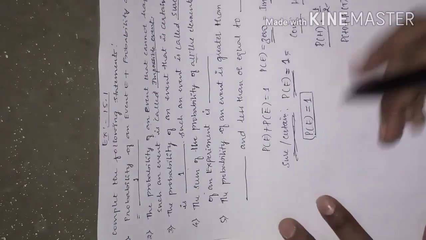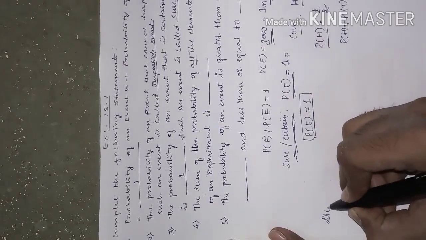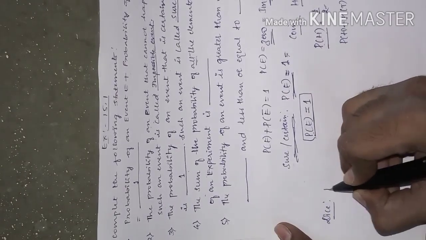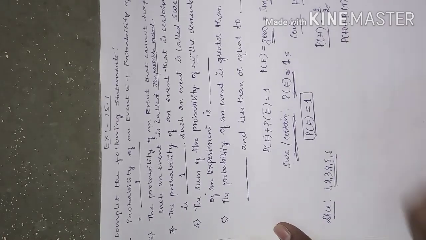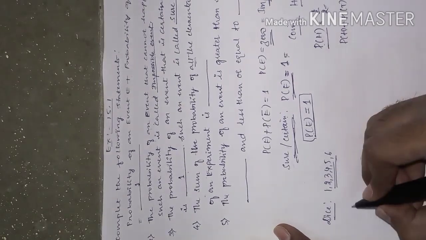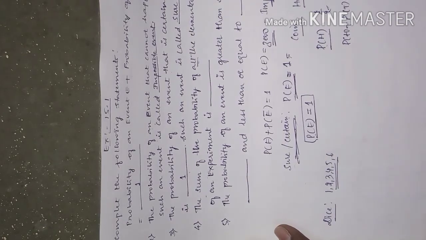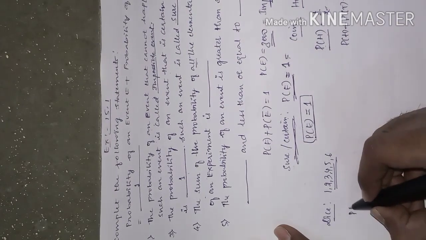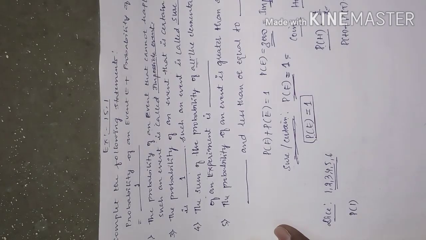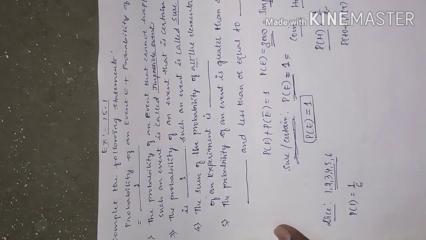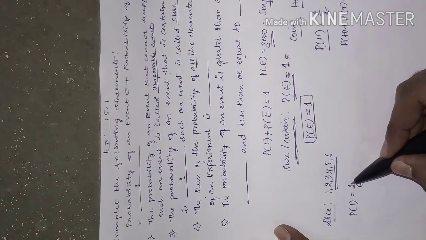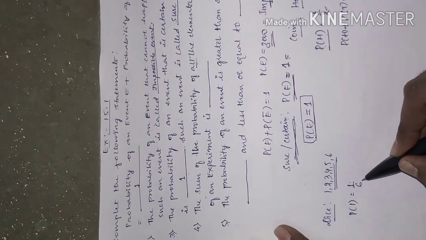Let us take one more example, the dice. How many outcomes do we have? We have 6 outcomes in the dice. Definitely only one result will come if I roll it. The probability of 1 is 1 by 6, number of favorable outcomes over total number of possible outcomes.